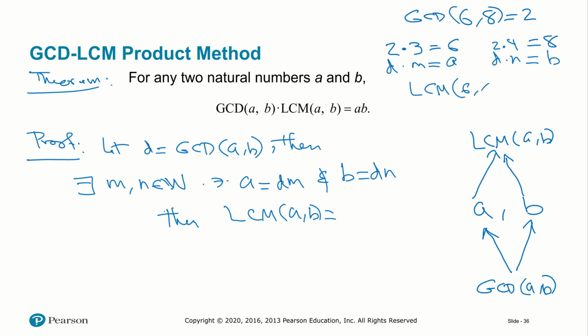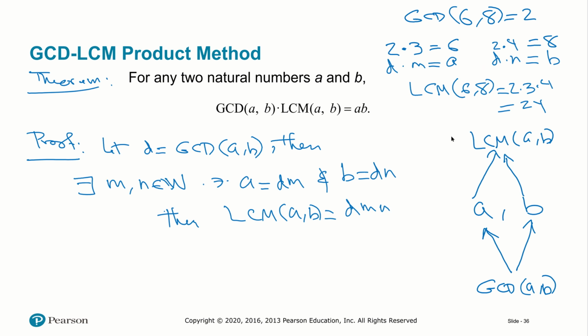So the LCM of 6 and 8 is just going to be 2 times 3, and we don't need to repeat the 2 because it's already taken care of, but we will need that 4. That's 24. In fact, the LCM of 6 and 8 is 24. So here we'll say the LCM of A and B is going to be D times M times N. If you get confused, just look at our example.